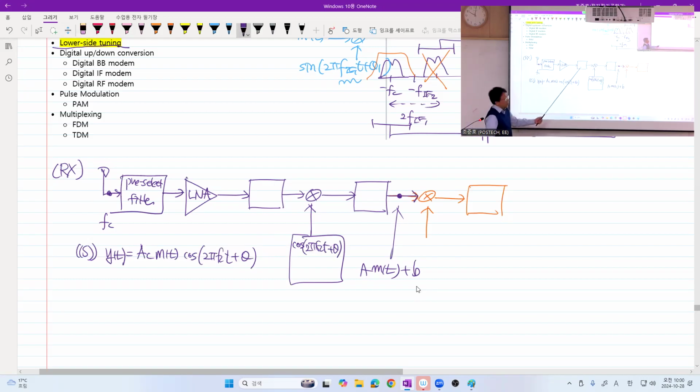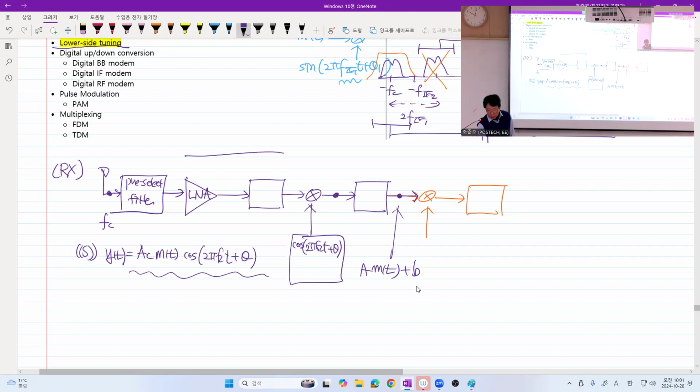Now, if this filter passes the desired signal, is it homodyning or heterodyning in this assumption? It does homodyning, because the signals have the same center frequency, right? Now, what will happen here? Here, again, we have a baseband component and a double frequency component.